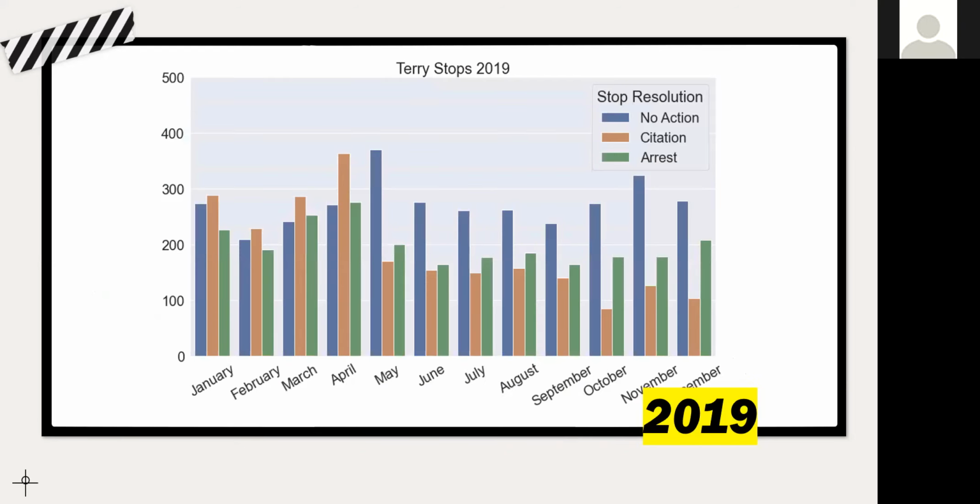The second thing I wanted to look at was the impact of the Black Lives Matter protests in the summer of 2020 on police activity. So I want to ask the question, when the police know that the public is looking at them closely, does that impact their behavior? So I started by looking at Terry stops in 2019 to kind of establish a baseline.